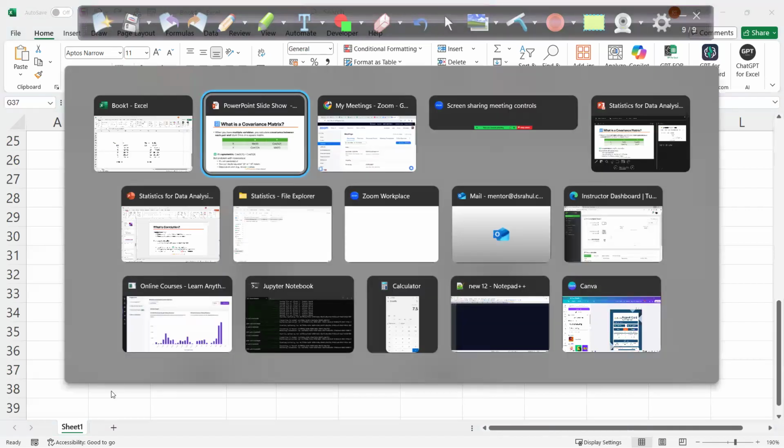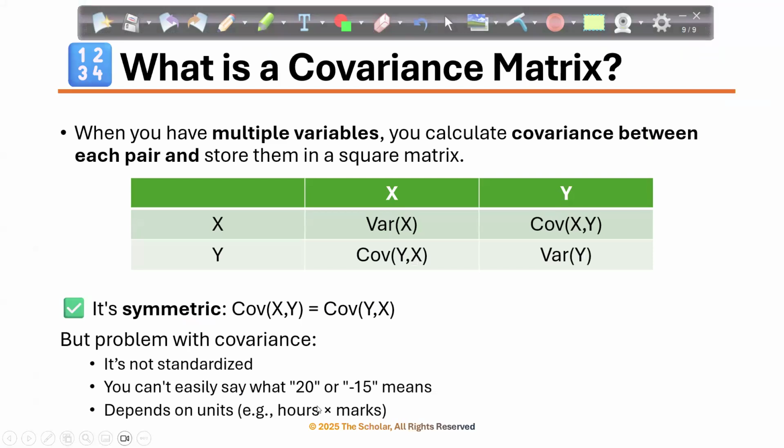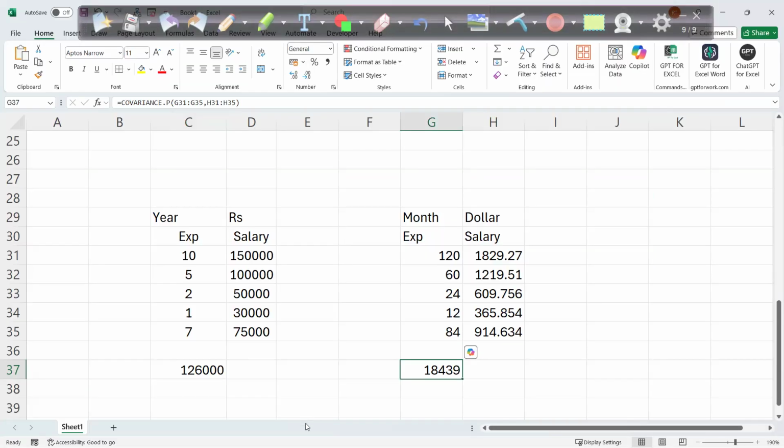So that is the third problem, right? When the unit changes, your covariance number also changes. So these are some of the problems which we have. And to take care of this problem, another measure comes into the picture, which is known as the Pearson Correlation Coefficient.